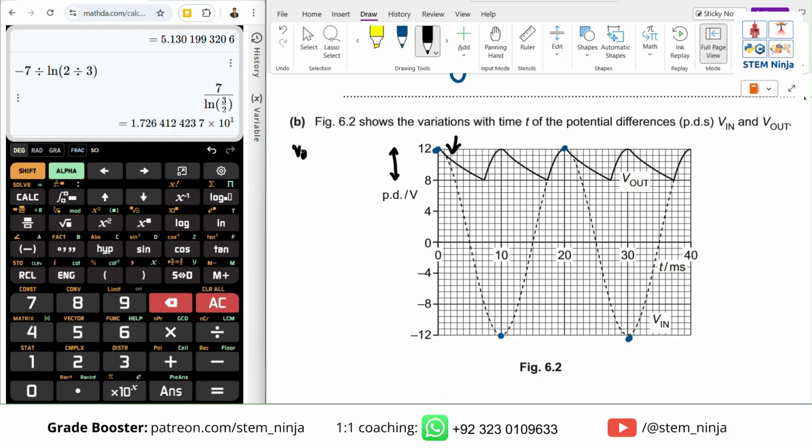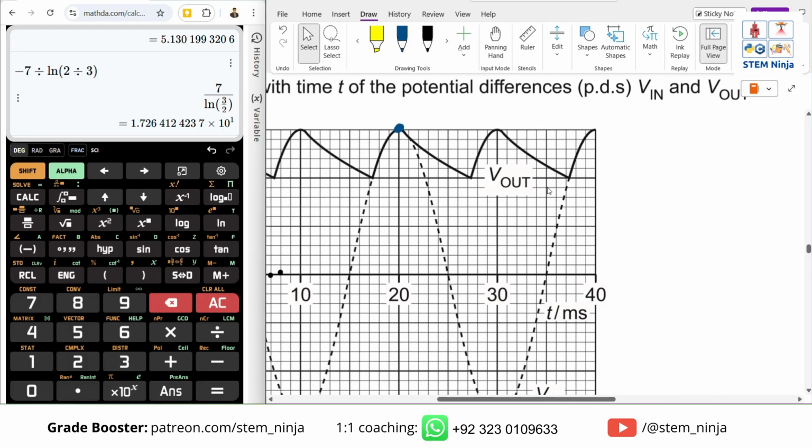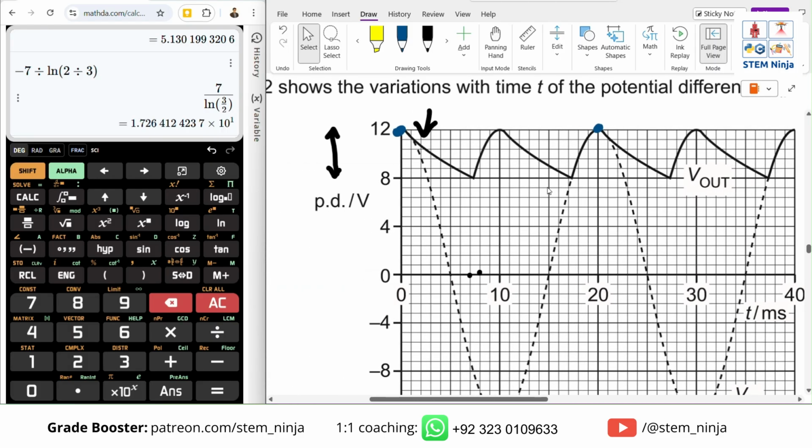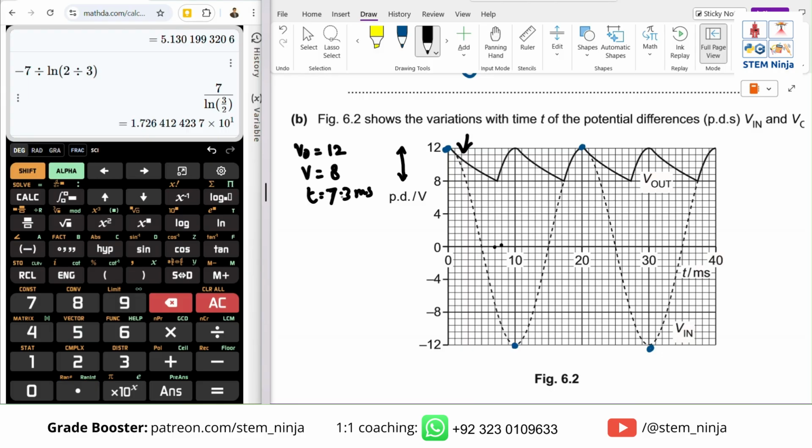So V naught can be 12, V can be 8, and the time in which it happens is not exactly 7 and not exactly 8, somewhere in between and even towards the left of this. So let's say 7.2 or 7.3. That makes sense. So if we take 7.3 milliseconds, I think we can use these values.